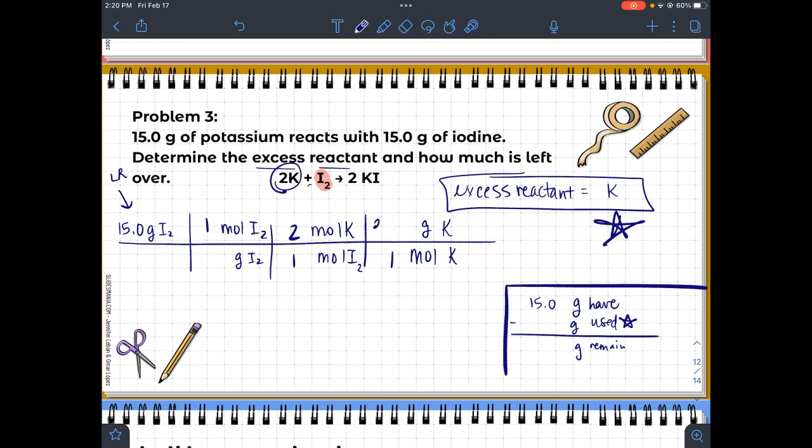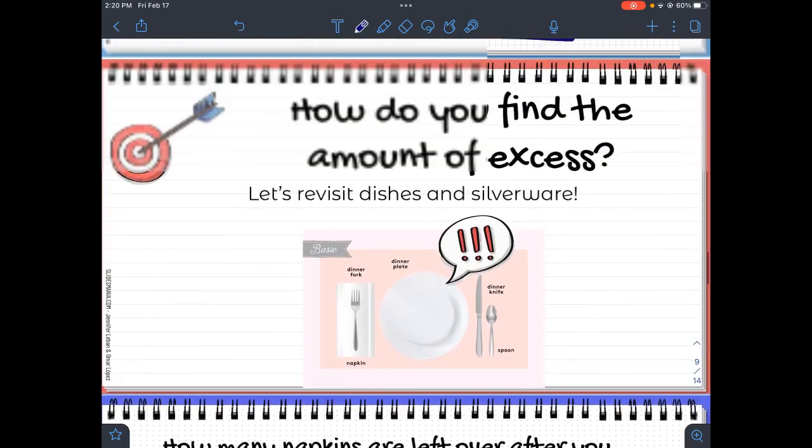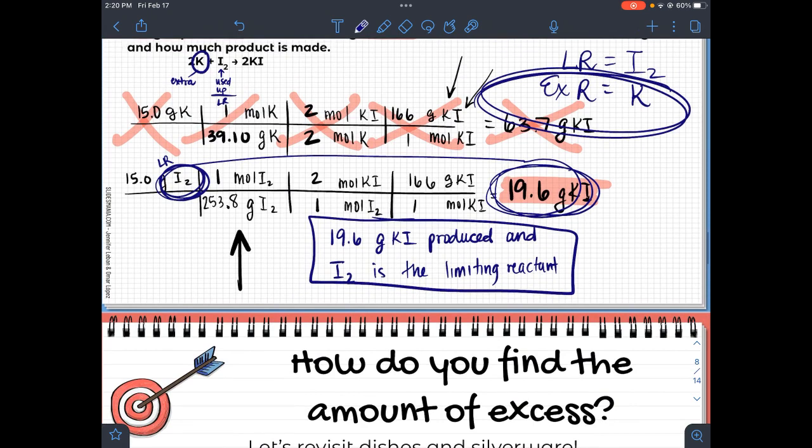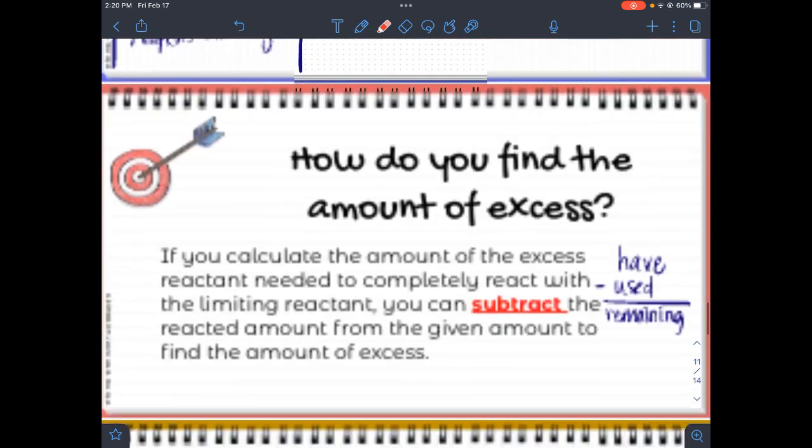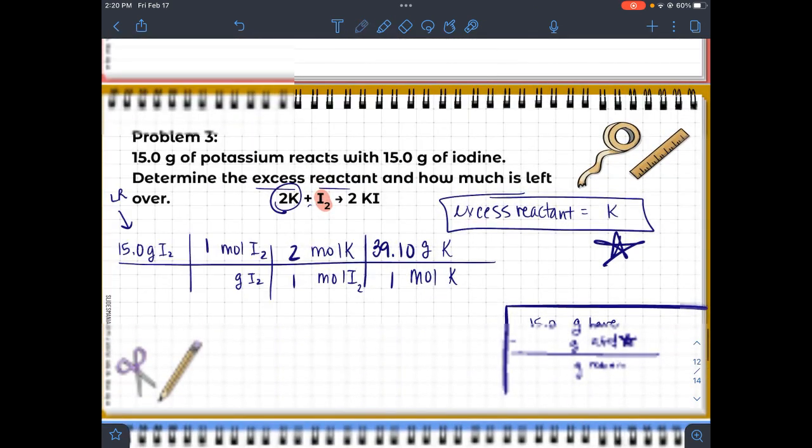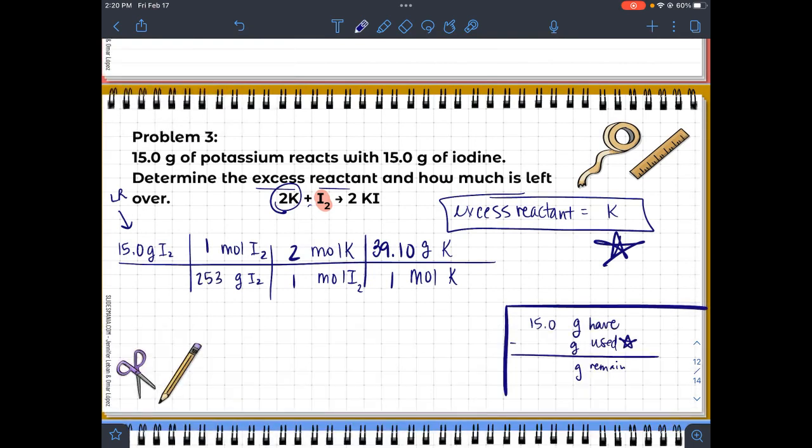Starting over here with potassium, that's 39.10 from the periodic table. Iodine, I'm going to scroll up. I know I have this written here. The grams of iodine is right here, highlighting it in red. 253.8 grams of iodine.